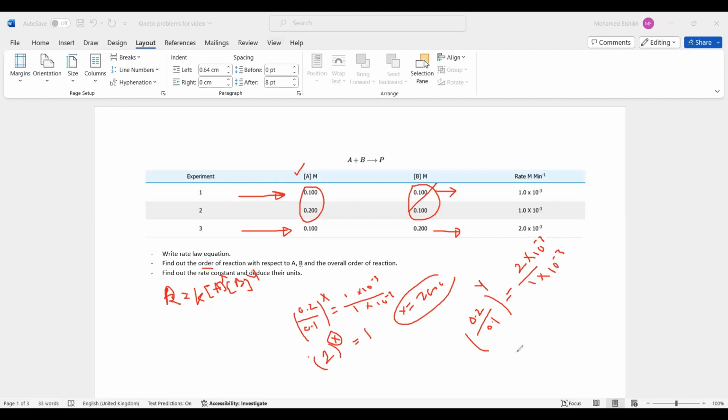So that is 2 raised to the power y equals 2. And obviously y must be 1 in this case.